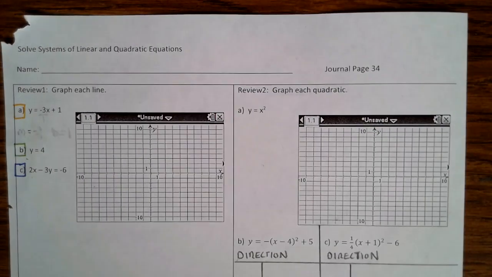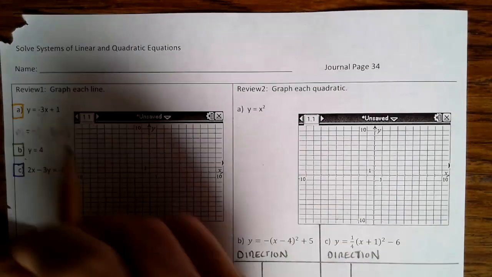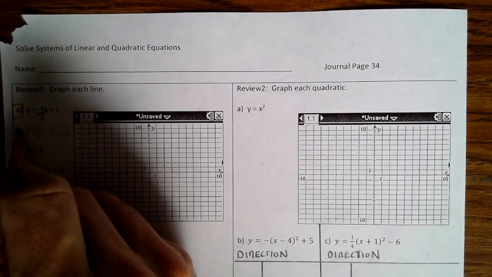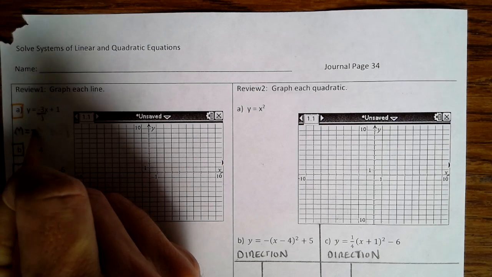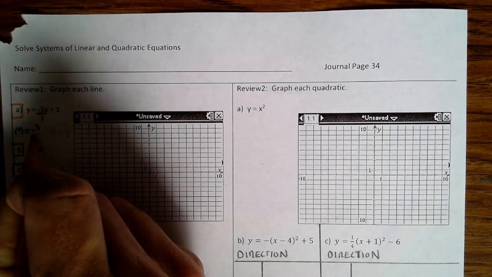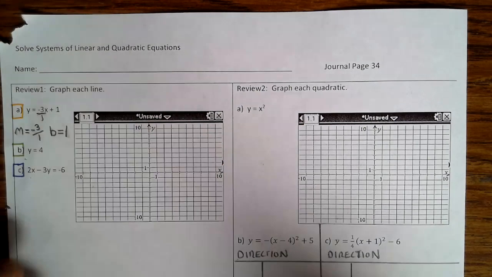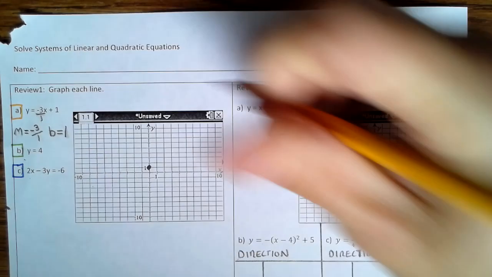Okay. All right, so to graph A, let's divide this by 1, which means our slope is m equals negative 3 divided by 1, and our b value is 1. So the 1 is our y-intercept, so we're going to start at 1, so 0, 1.